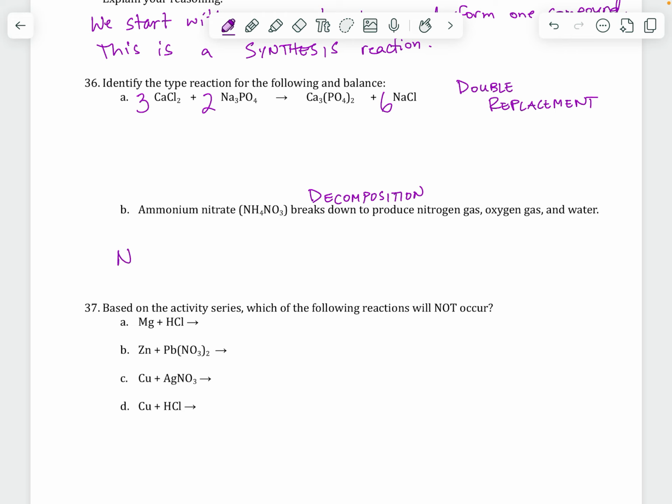So this is ammonium nitrate, NH4NO3, breaks down to produce nitrogen gas. Now remember, nitrogen is a Hankelbrief, so that is N2. Oxygen gas, which is O2, and water, which is H2O.